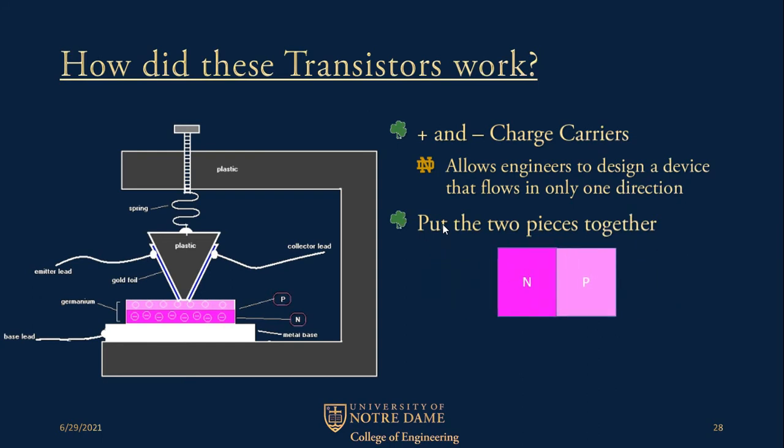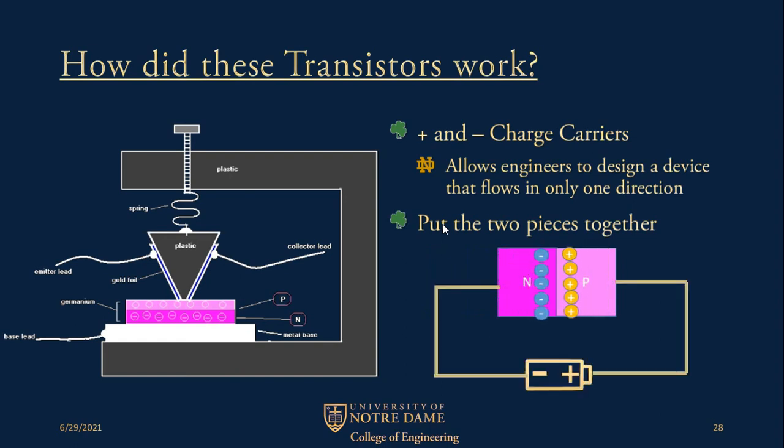So what happens is when you put the two pieces together and you hook it up to a battery, if you hook the positive to the P and the negative to the N, it will attract the negative towards the positive battery, and it will attract the positive in the P-type to the negative portion of the battery, so you get a flow.